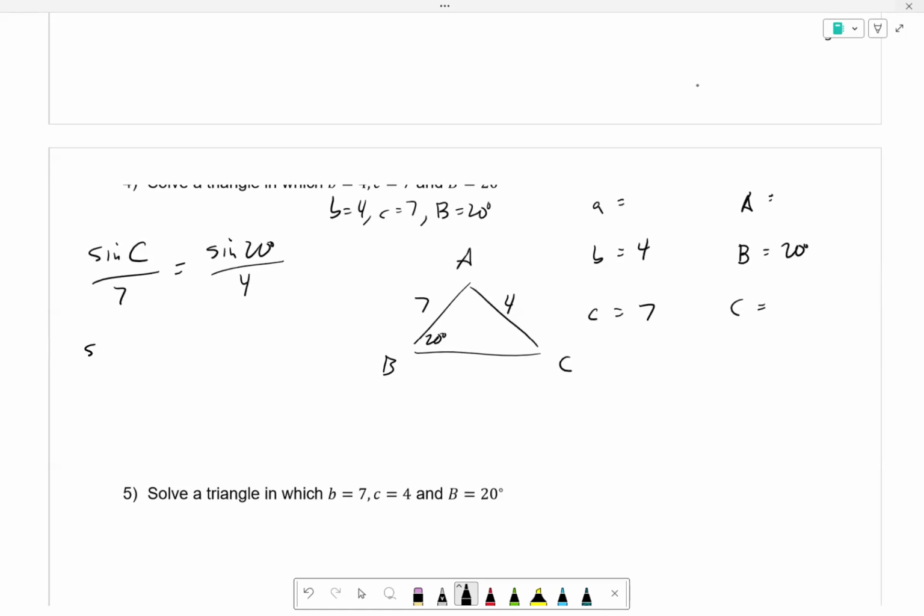I didn't calculate it, but it's the inverse of that. So calculator ready would be C equals sine inverse of 7 sine 20 over 4. Are we good with this?